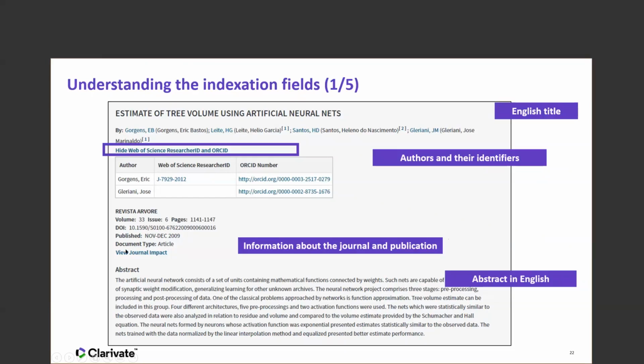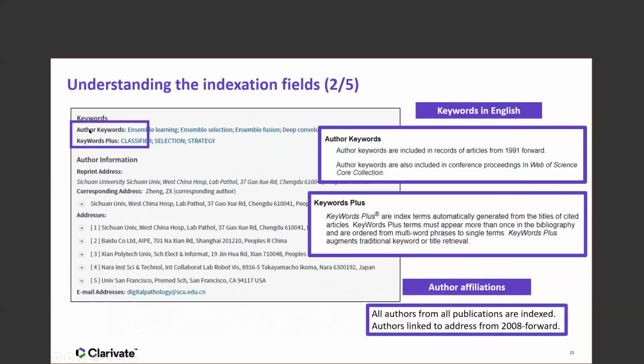The information about the journal, the abstract in English, again, very important. Then we have the keywords, keywords of the author, and keywords plus coming from the Web of Science, this algorithm creating those keywords. And then we have the author's information.